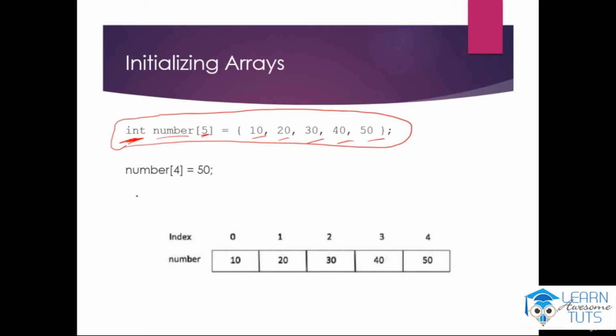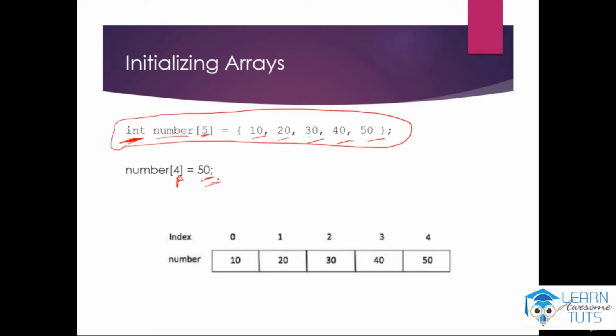Or we could assign a value immediately and say that the fourth element will have the value 50. As you can see, the number of values between braces cannot be larger than the number of elements that we declare for the array between square brackets. So this statement assigns the 5th element in the array the value of 50.